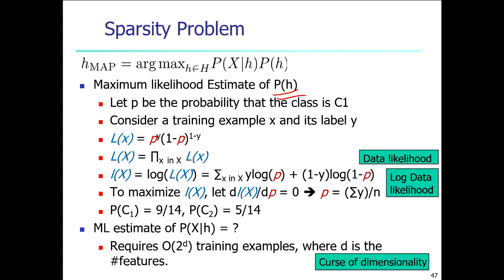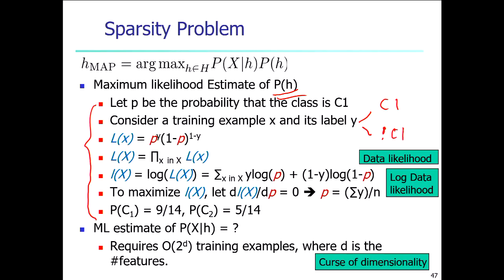And all this part is the mathematical derivation. How do we get this number? So let P be the probability that the class is C1. And let's consider a training example X and its label Y. The label Y could be C1 or not C1.